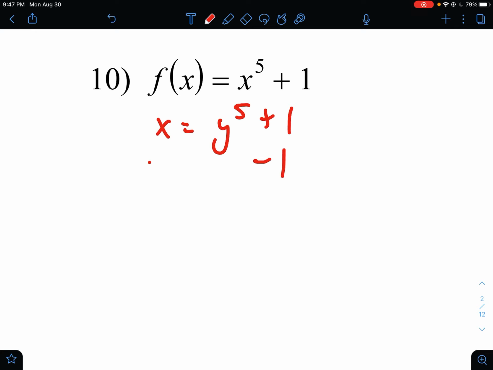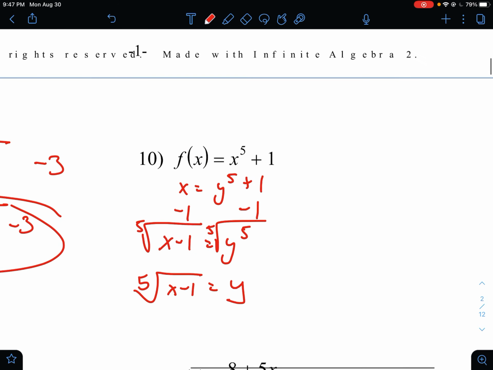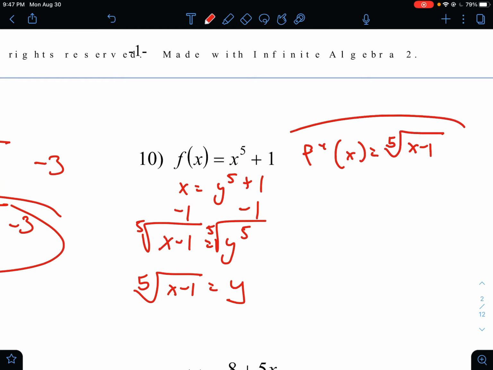Only the y is. So I've got to get that by itself. I get x minus 1 equals y to the 5th. Fifth root it, and I get the 5th root of x minus 1 equals y. And that's it. f inverse of x equals the 5th root of x minus 1.